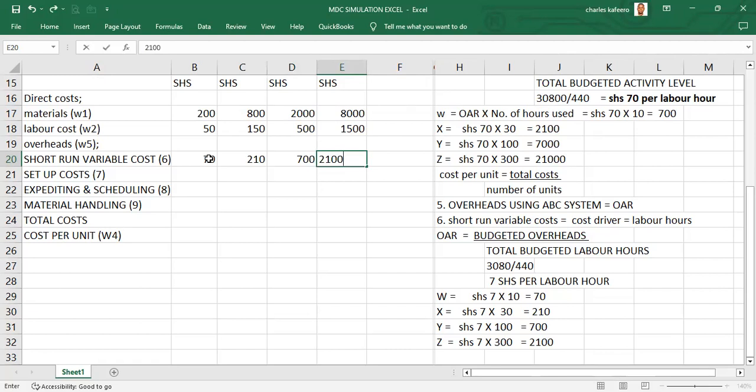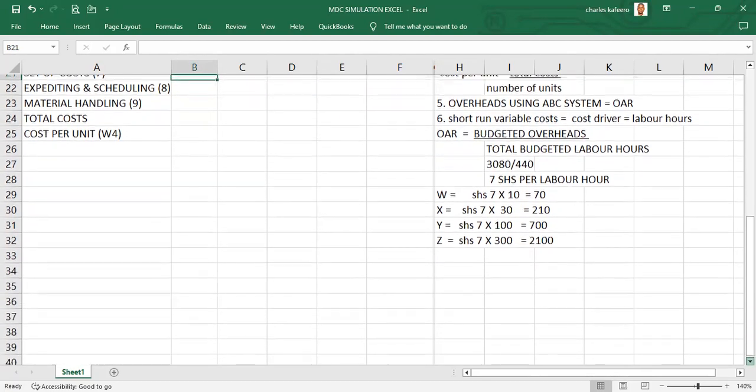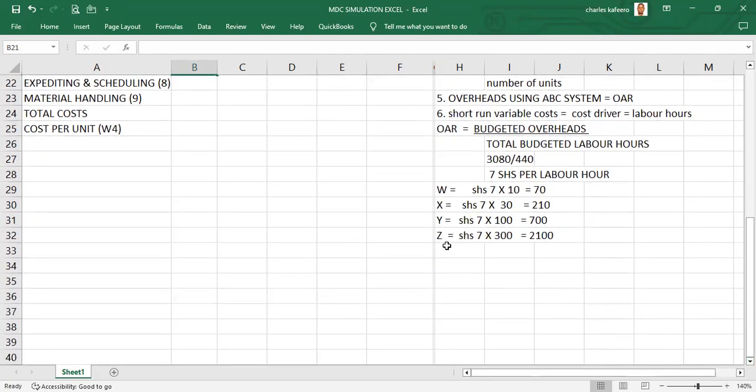Then we go to number 7, which is the setup costs.